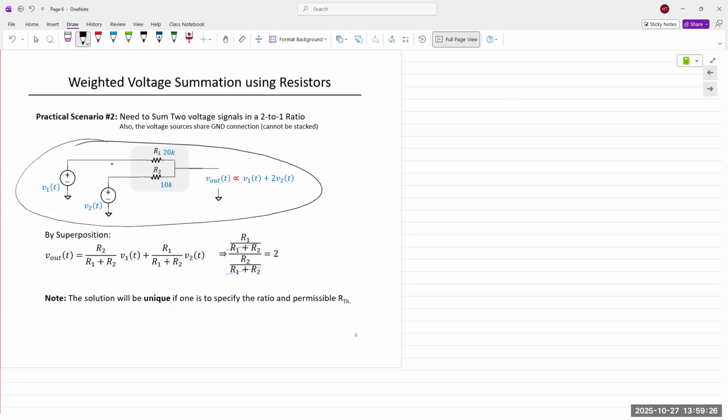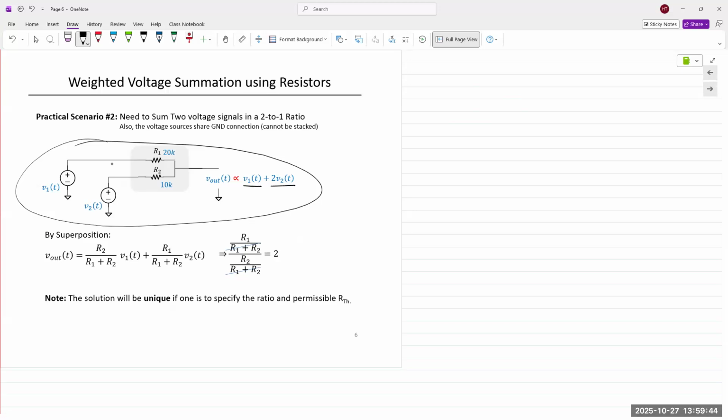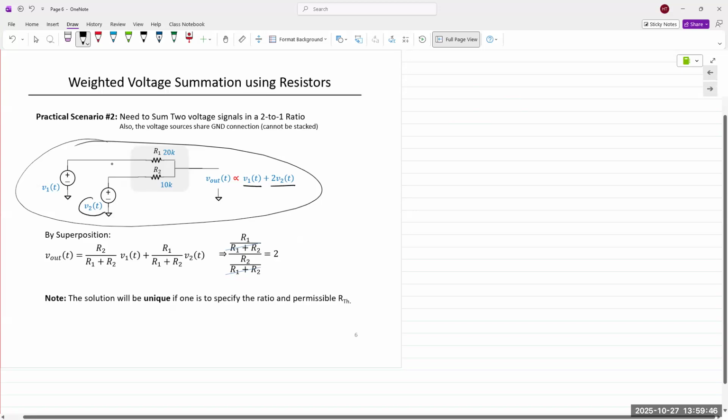It's again something that is used commonly in digital circuits. Okay. So if you want to add two voltage signals in a 2:1 ratio, in this case, the requirement is V1 plus 2V2. So V2 must be twice as V1.